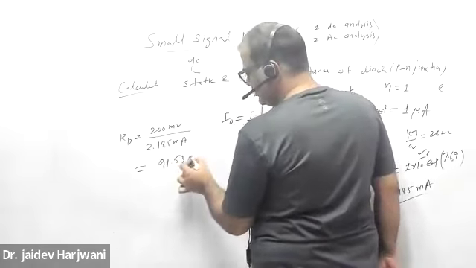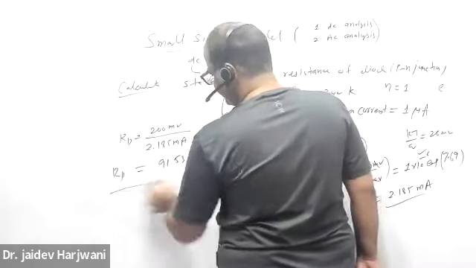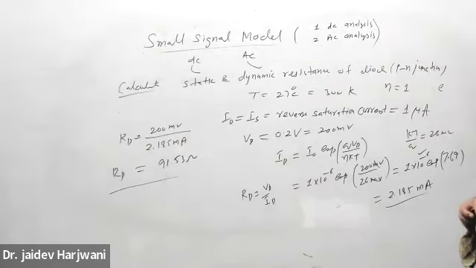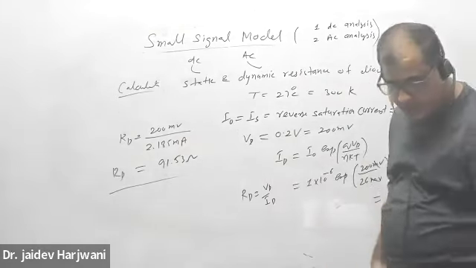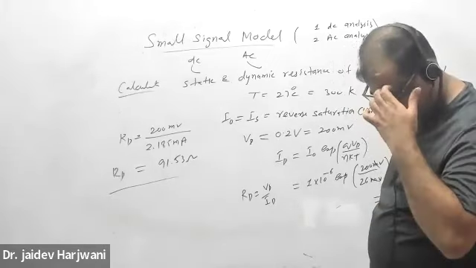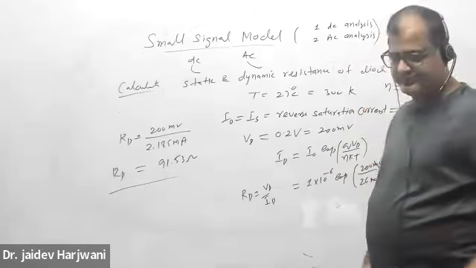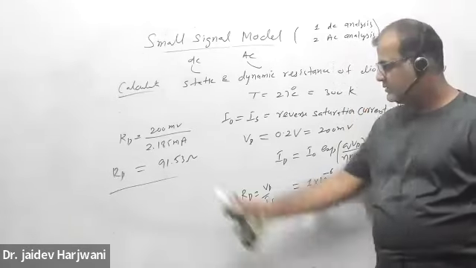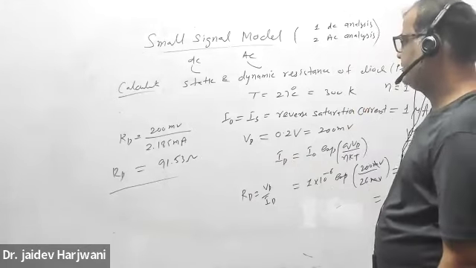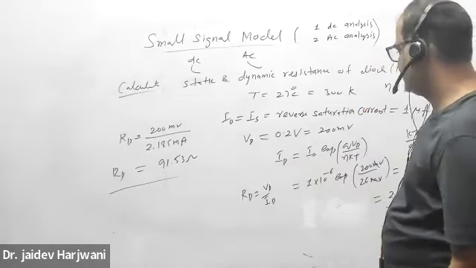You can check and tell me whether it is correct or not. DC resistance. Now the calculation you have to do, I am not sitting here with a calculator. Is it correct? Okay, 91.53, so this is your diode DC resistance.